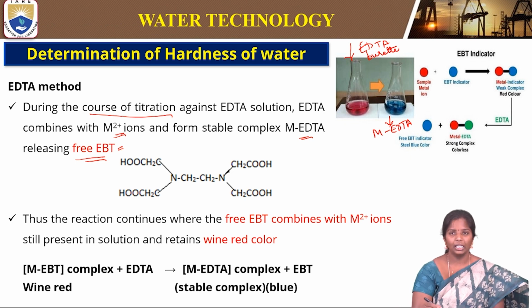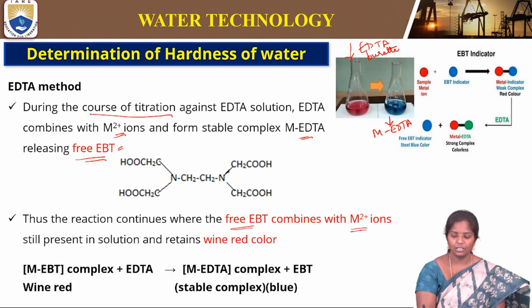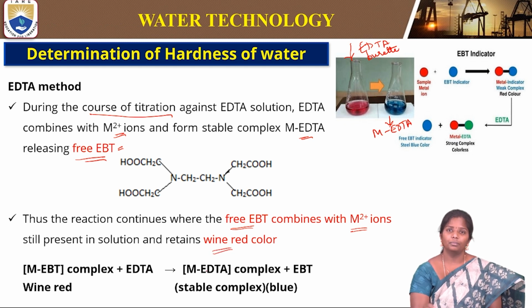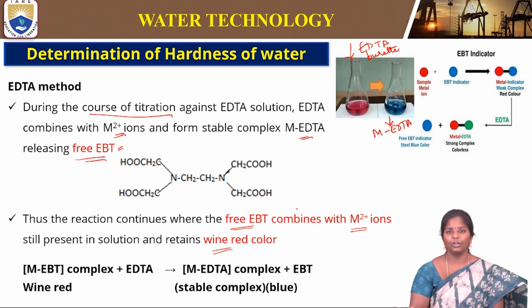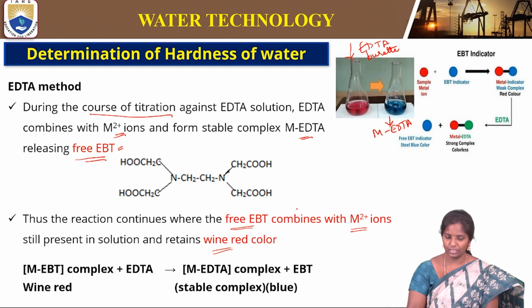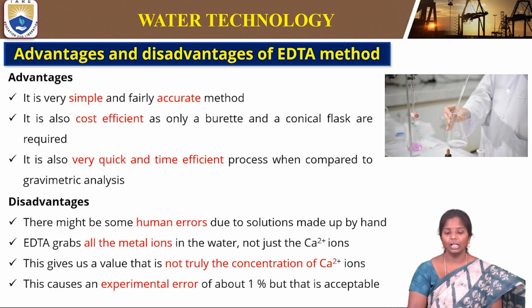This indicator will again combine with other metal ions that are present, and these metal ions react with the free EBT and retain the wine red color of the solution. This is how the reaction takes place, and depending on the end point, we use calculations to understand the hardness of that particular water.